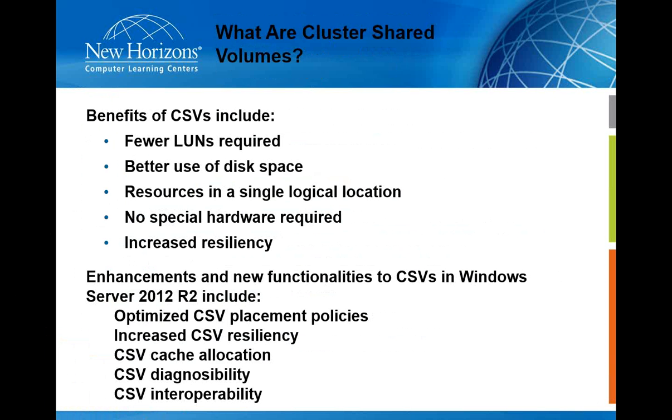And so with Server 2012 R2, we now have optimized placement policies. In a failover cluster for Server 2012, one node in the cluster is designated as the coordinator for a CSV, and there's no automatic rebalance. In 2012 R2, CSV ownership is distributed evenly among all the nodes there.